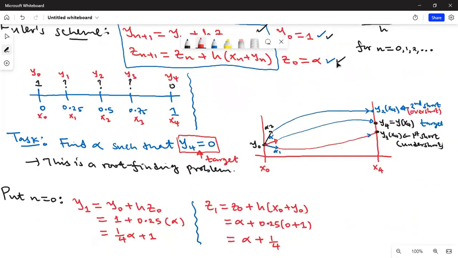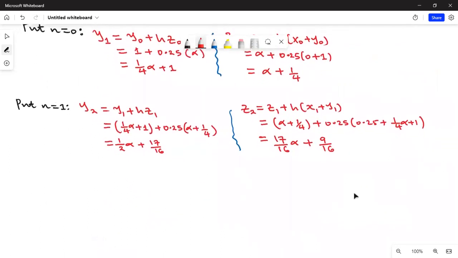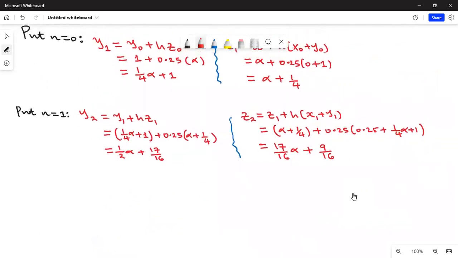Proceed with the next iteration. That is when n is equal to 2. So you can put n equals 2. So what are we going to get? We'll now find y3 is equal to y2 plus h of z2.